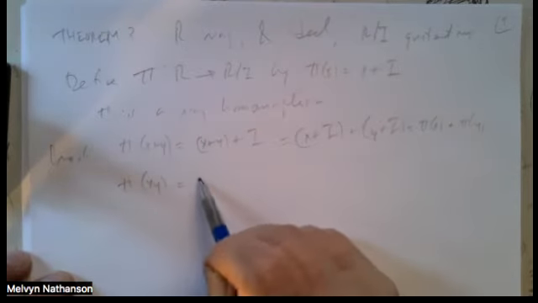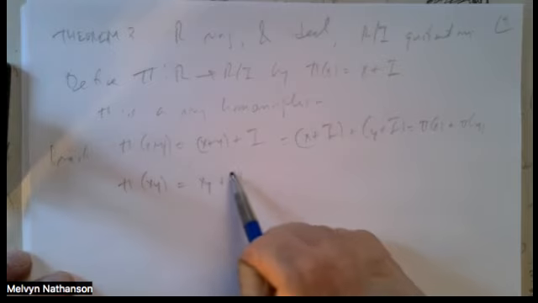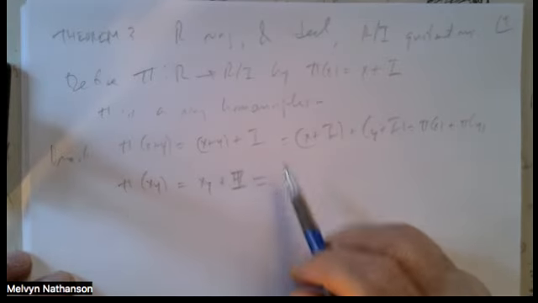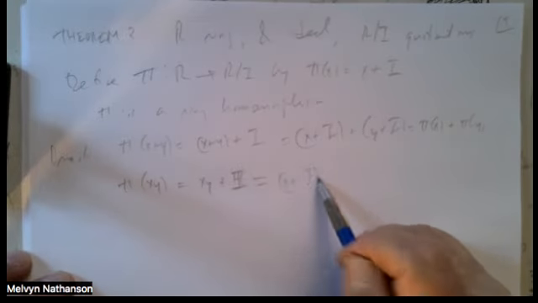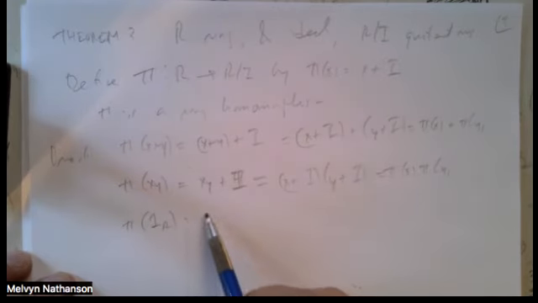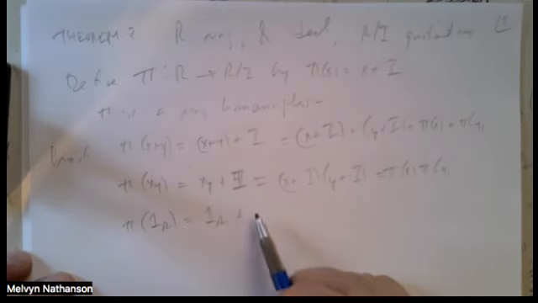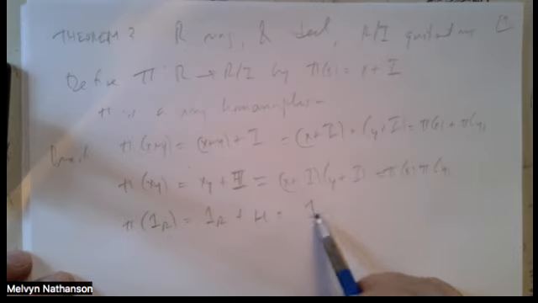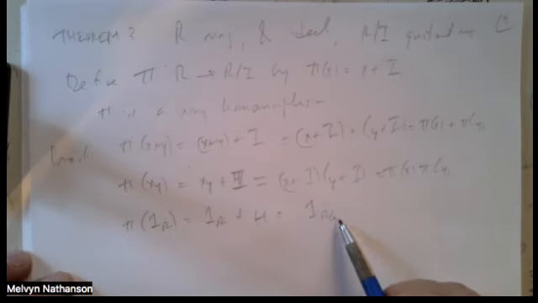Pi of the product is xy plus I, which we saw is x plus I times y plus I. So that's pi of x times pi of y. And pi of the identity in the ring R is 1 sub R plus I. And this coset is exactly the identity element in the quotient ring.